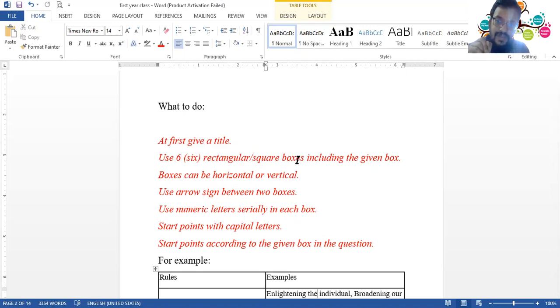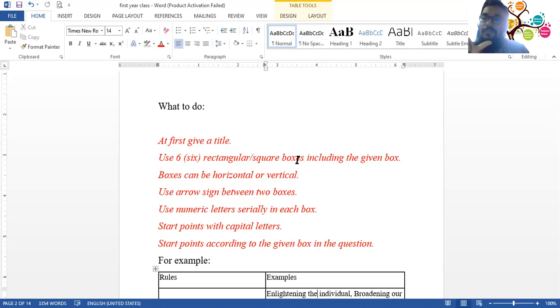You have to use 6 boxes. I told you earlier, somebody uses 5 boxes. That will not do. With 5 blank boxes, you may put correct answers, but your number will be curtailed because there are 6 boxes.